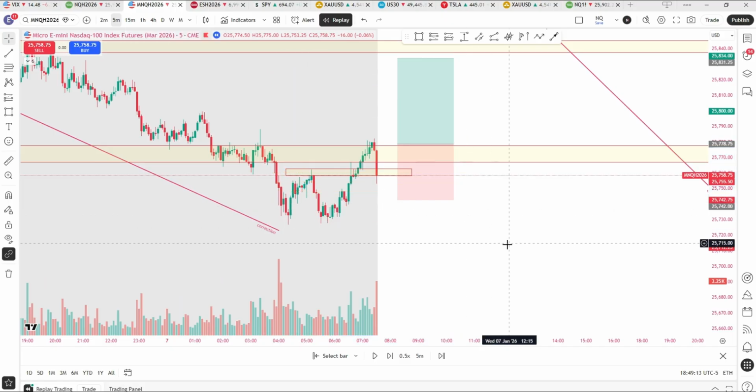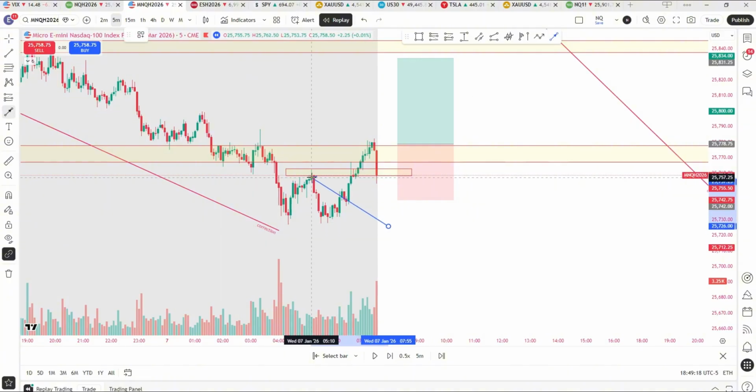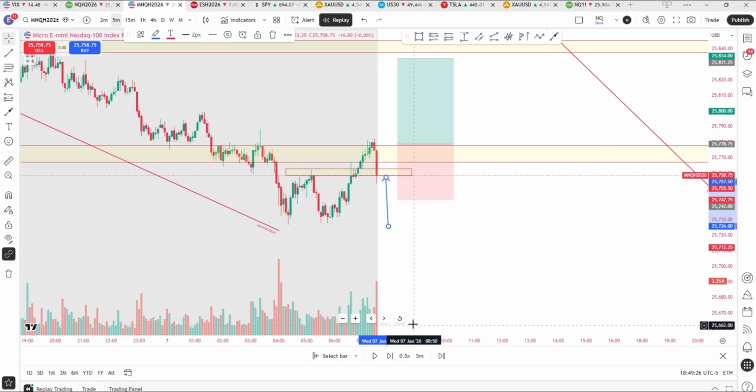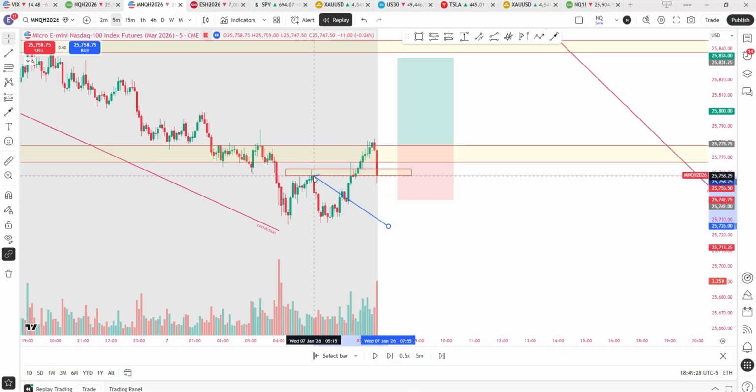But what we do here is we wait for a 5-minute candle, at least, to close with volume above this swing high before we take buys, because anything underneath this swing high can cause some bearish movement down, can cause some selling pressure. So we're waiting for price to show reversal with some bullish candles to go long.